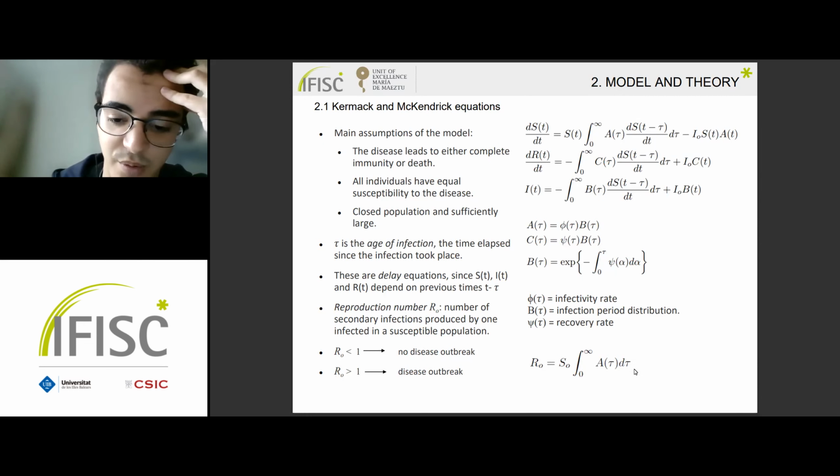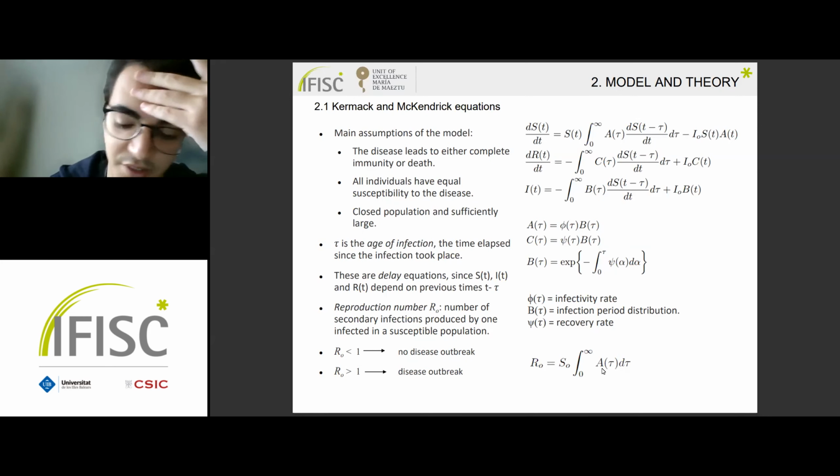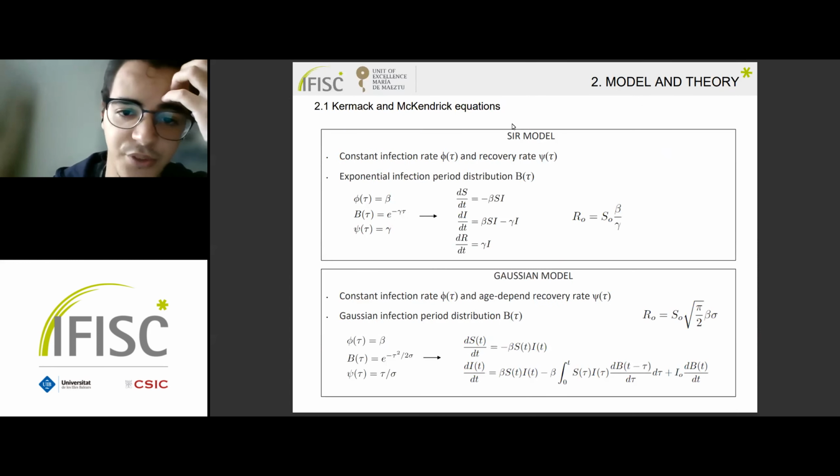And the expression for the reproduction number for the Kermack and McKendrick equations is given by this expression that we proved in the thesis. It's basically the integral of the function A, which is sometimes called the mean infectivity. And the Kermack and McKendrick equations will deal basically with two models.